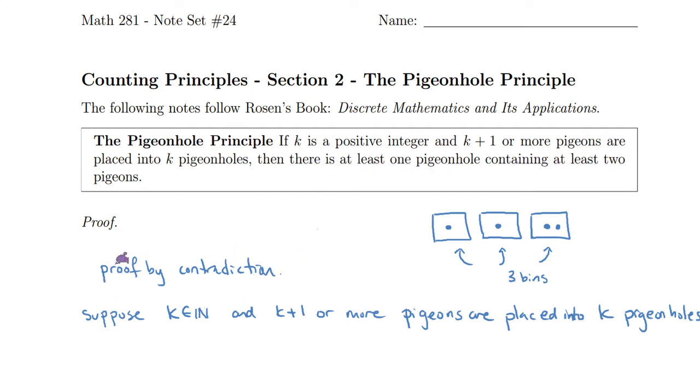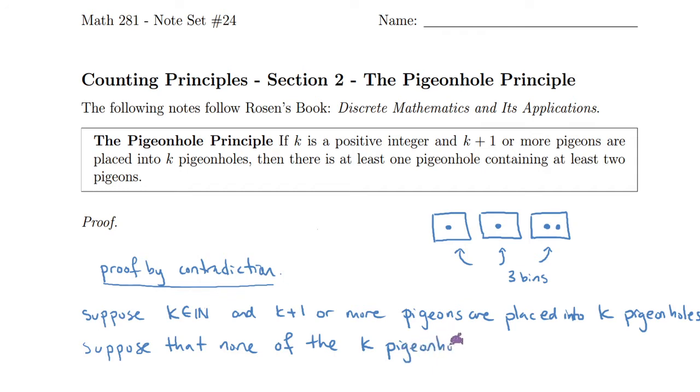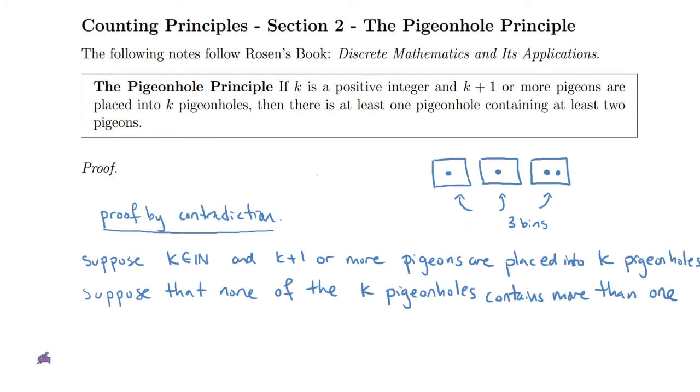But by proof by contradiction, we're going to suppose that none of the k pigeonholes contains more than one pigeon or object, right? One pigeon. Okay.